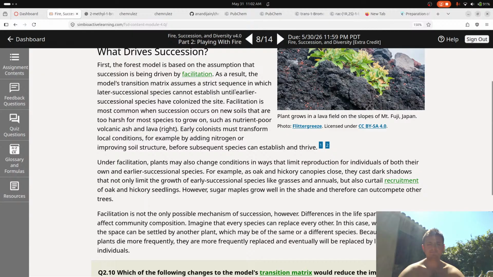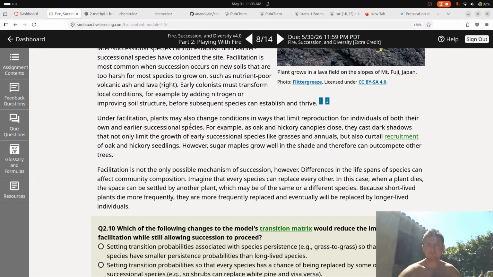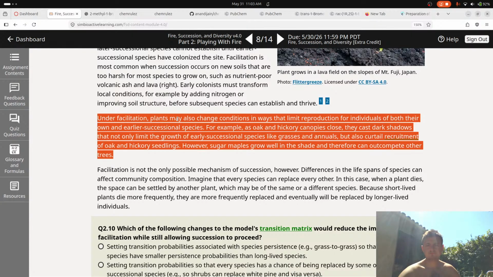As a result, the model's transition matrix assumes a strict sequence in which later successional species cannot establish until facilitation.